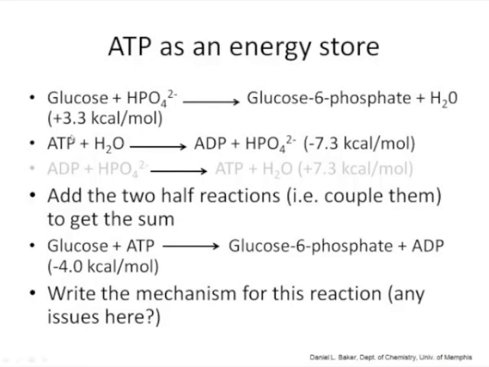Now, if we take our ATP and hydrolyze it to form ADP and our HPO4 2-, this is a very exothermic reaction. It releases a whole bunch of energy. Now I've got grayed out here the reverse reaction of this.